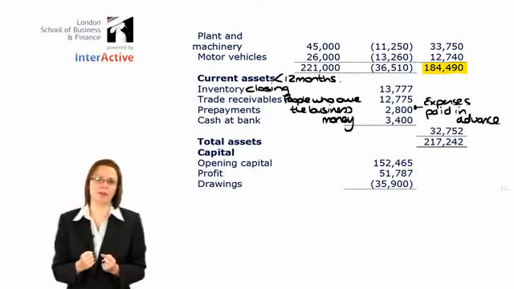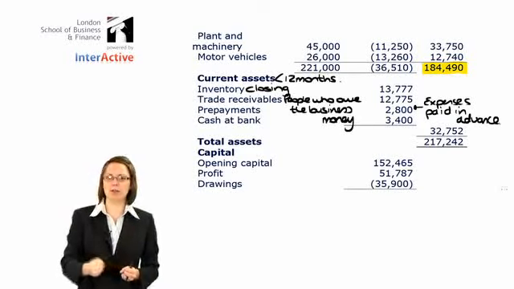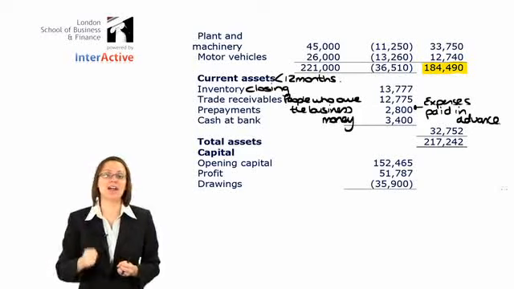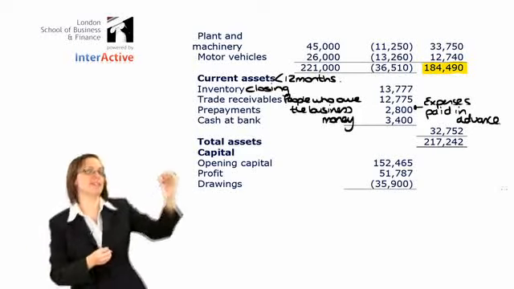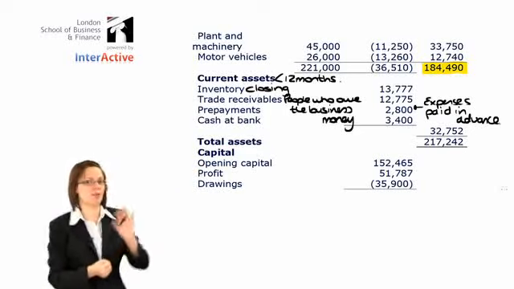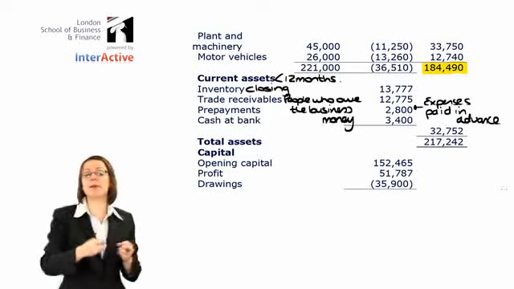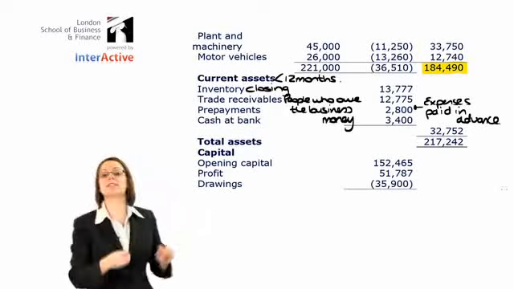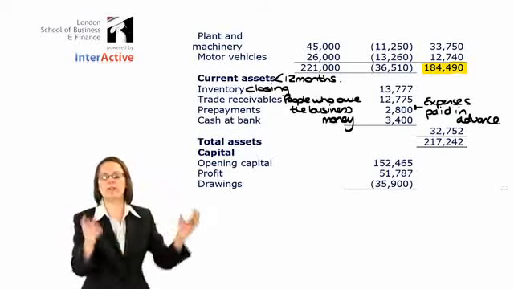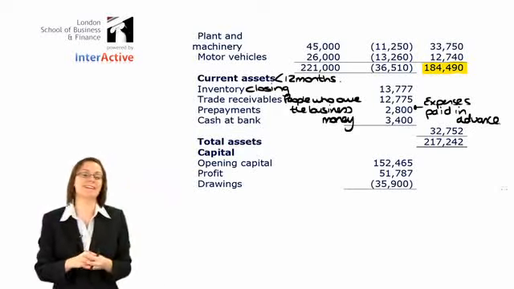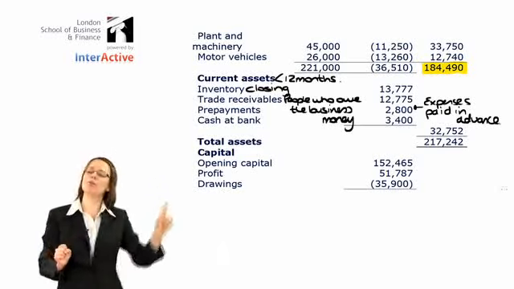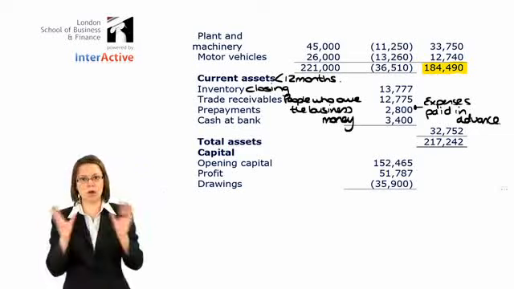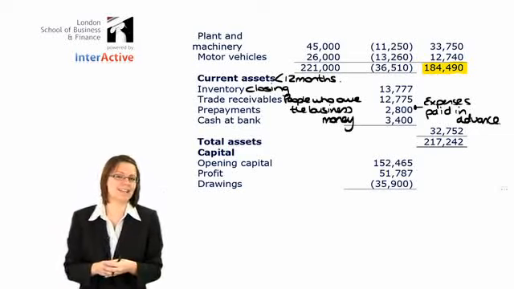It's an asset. Okay, it's something you own, and you can use that cash to buy more inventory. If you buy more inventory, you can then sell it to a customer. If you sell it to a customer and they promise to pay you later, it becomes a trade receivable. But then when that trade receivable settles their debt, you have the cash. So you have a whole operating cycle which works within this current assets heading.